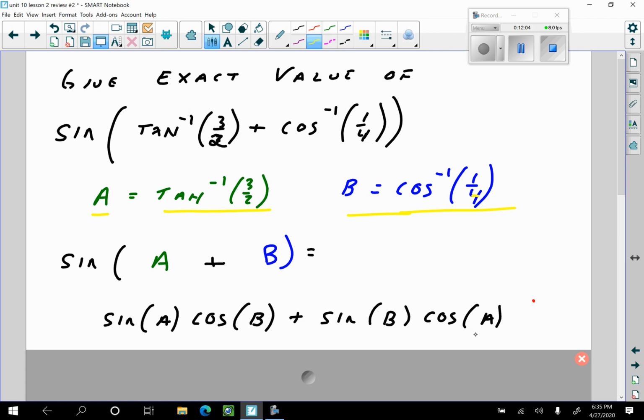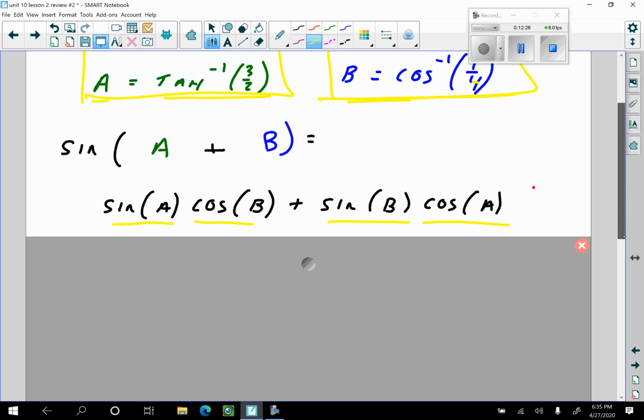So what I need to do is take these two statements right here, ladies and gentlemen, and from those two statements, figure out what the sine of A, cosine of B, sine of B, and cosine of A are. And how are we going to do that? Well, we're going to come up with some right triangles.